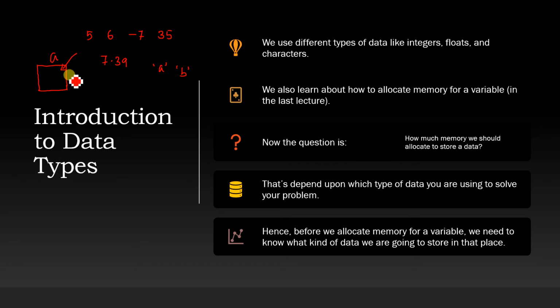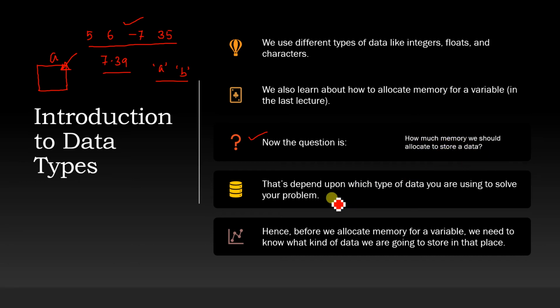When we want to store data, the question that should come to our mind is how much memory we should allocate. Since we use different types of data like integer, float and character, do you think all these data use the same amount of memory? No, every data needs a different amount of memory. So we have to ask how much memory we should allocate to store a data.